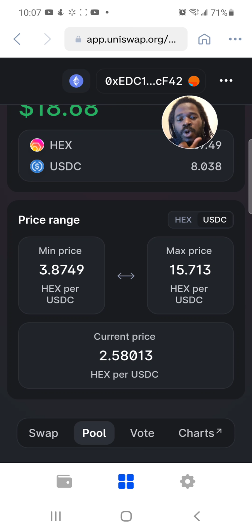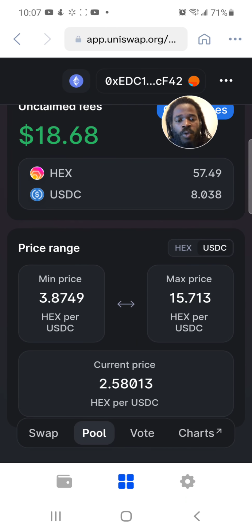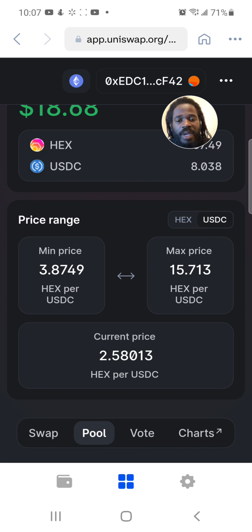Now, we all know crypto is very volatile, so we should expect price changes. But who would think that when HEX goes outside of the price range, it would completely shut down my liquidity pool? Doesn't it make sense that the liquidity pool would just pick back up and start paying again once the price comes back within range?